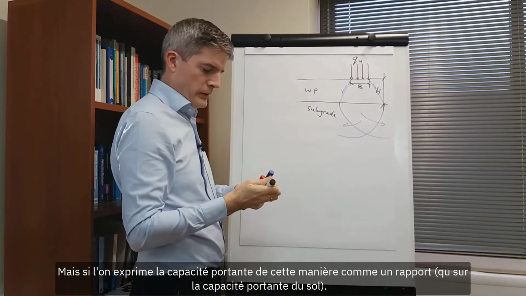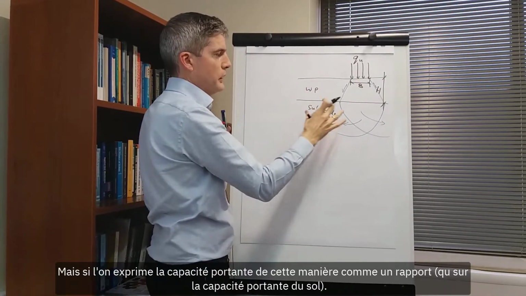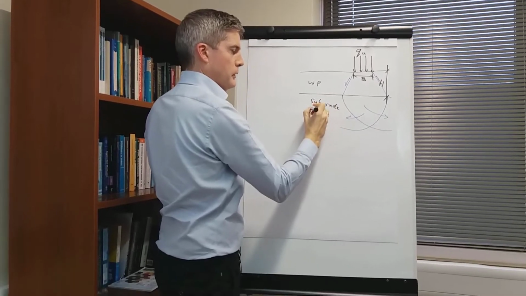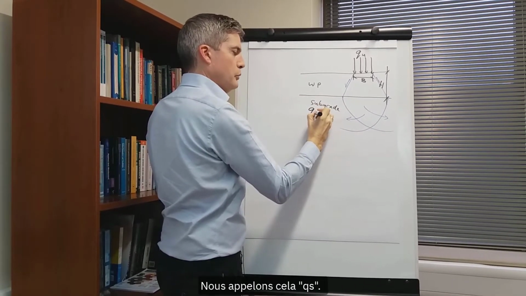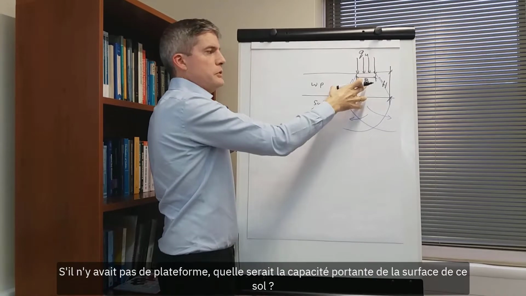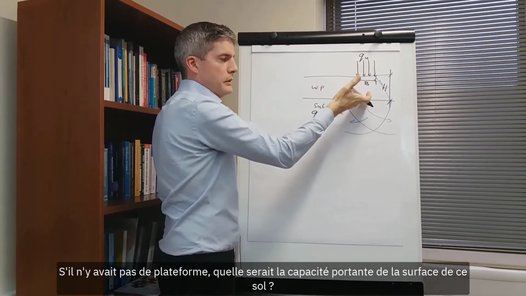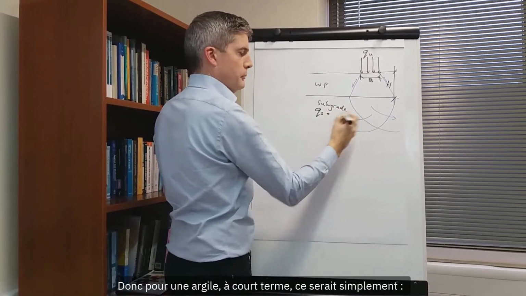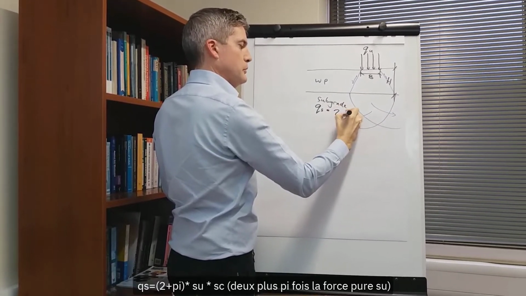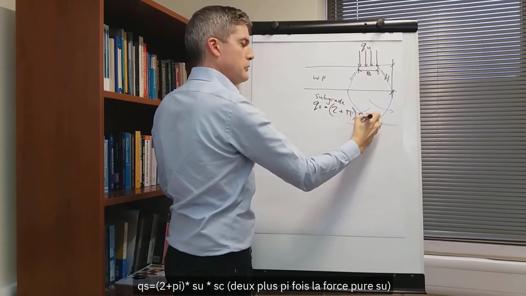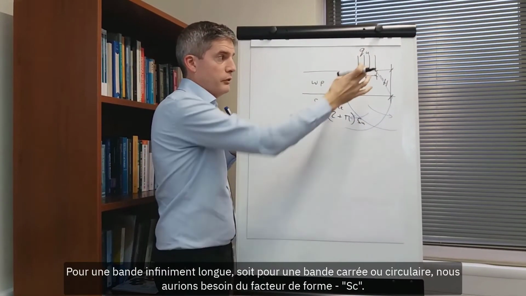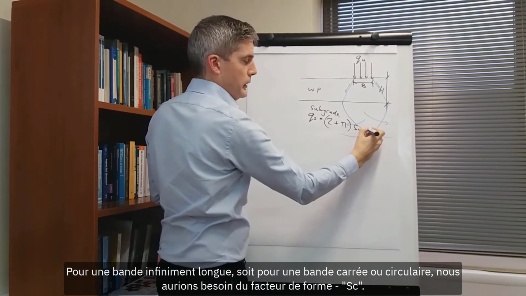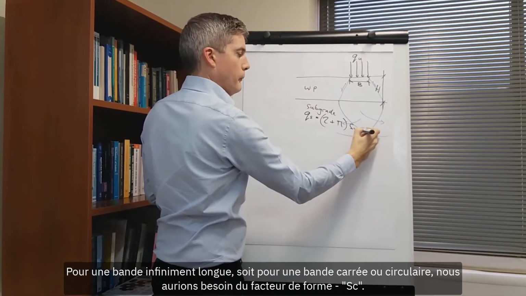But if we express the bearing capacity as a ratio, QU over the bearing capacity of the subgrade, which we call QS, so if there was no platform at all, what would be the surface bearing capacity of that subgrade? For a clay, in short-term conditions, that would simply be 2 plus pi times the shear strength SU. For an infinitely long strip, or for a square or circular one, we would need the shape factor SC.